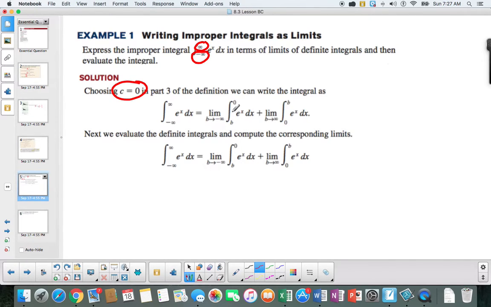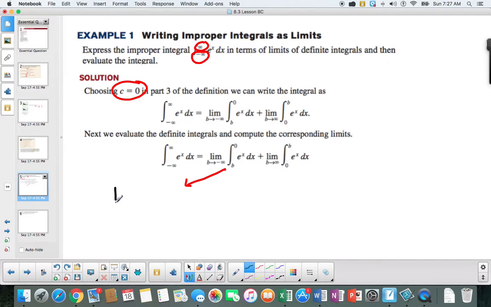So we're going to separate these, and we're going to go from negative infinity. We're going to allow b to get closer to negative infinity. We're going to go to 0, and from 0 to b. So we've taken this improper integral, we've rewritten it as two improper integrals, and now we're going to evaluate here.